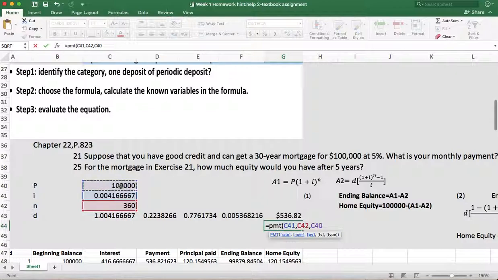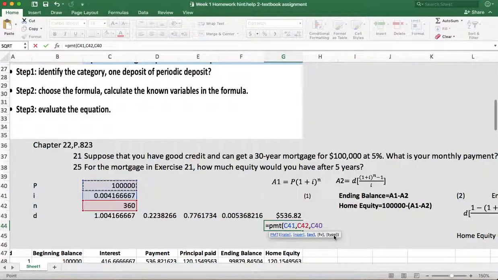Future value is 0 in this problem because after 30 years the debt will be paid off, so no leftover. It is 0 because the default setting for future value is 0, so actually you don't need to type any number in. It's okay if you want to type 0.